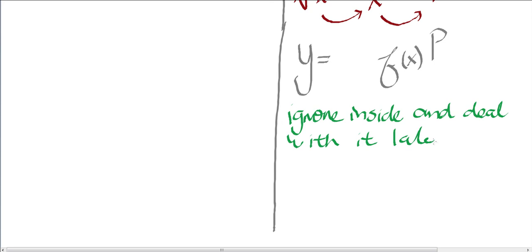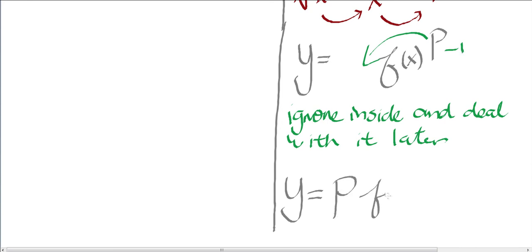What do I mean by that? That's my inside there. I've this big expression all trapped up inside a power. So I'm just going to pretend it's not even there, okay? If I just pretended it's not there and ignored it, I would say, sure, just take down the p and take one off it. Pretend that function isn't there. f of x, keep it inside.